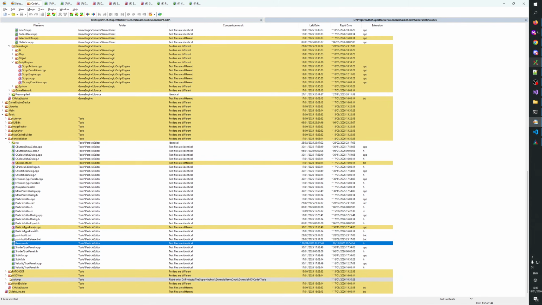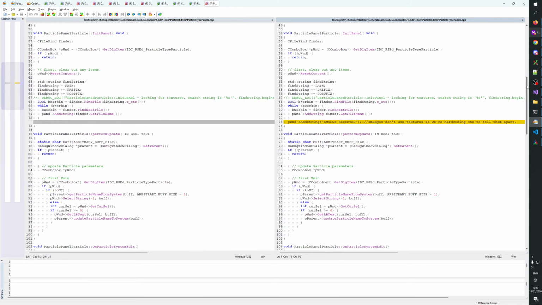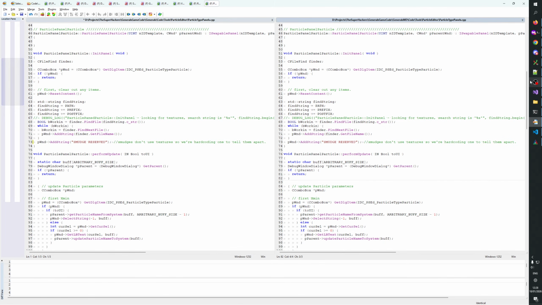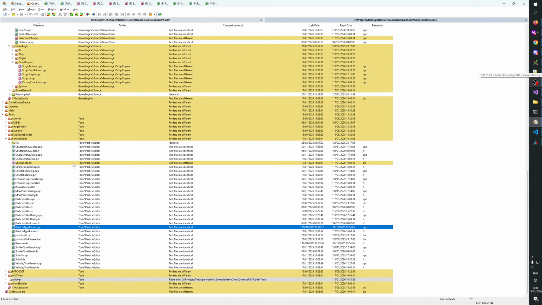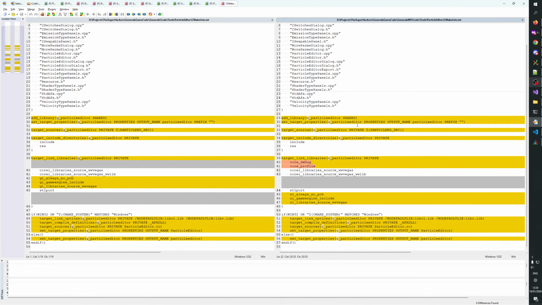What else do we have? Type panels. Add string, smudge reserved. Okay, can just take over. Make lists. Okay, that one is different, that's fine.